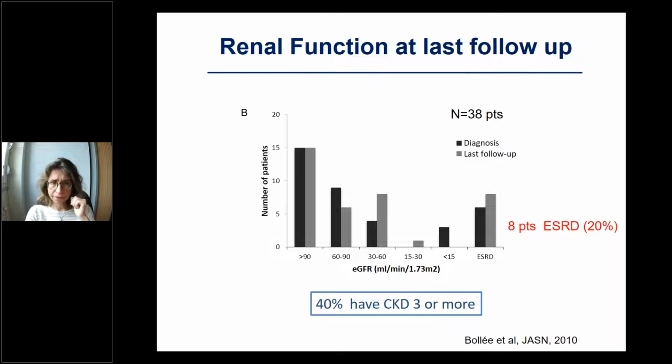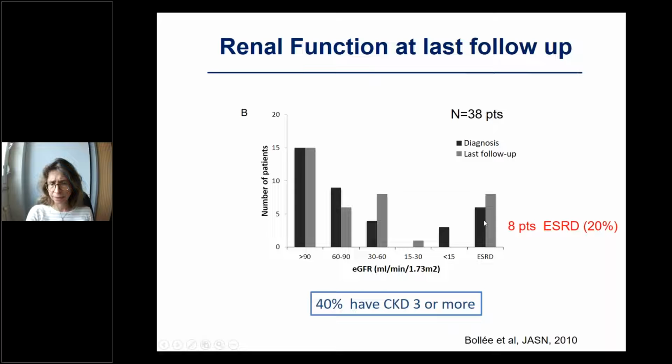If we look at renal function at last follow-up, you can see that 40% of patients have CKD stage 3 or more. So it's really a crystalline nephropathy, and it's a progressive kidney disease in some patients.